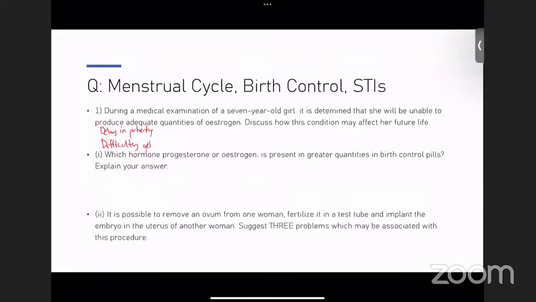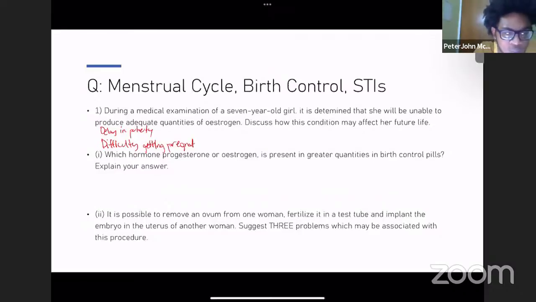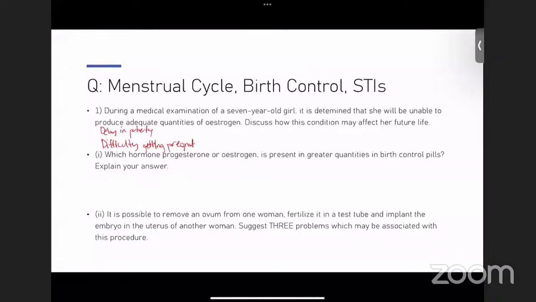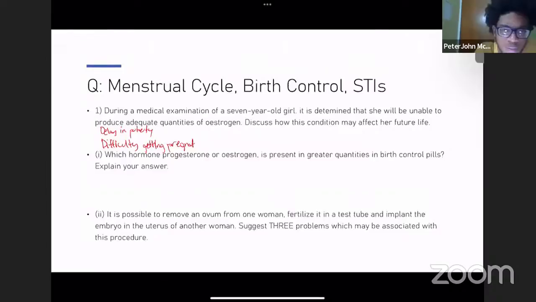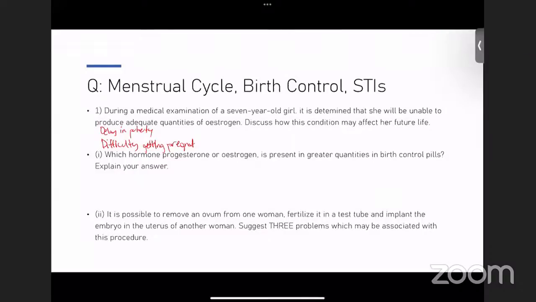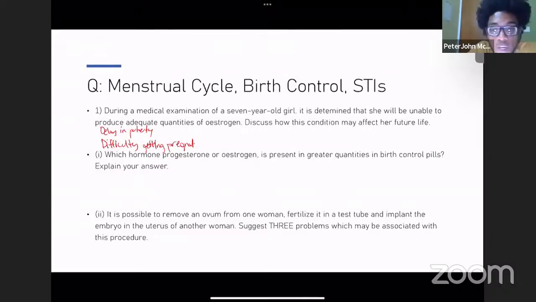It could cause a defect in the development of the pituitary gland or the response. Defect in the development of the pituitary gland? No, sir, the response, like it wouldn't be fast. No, the pituitary gland is a lot of stuff. I wouldn't put that. I know what you're talking about, but I like where your head is at still.